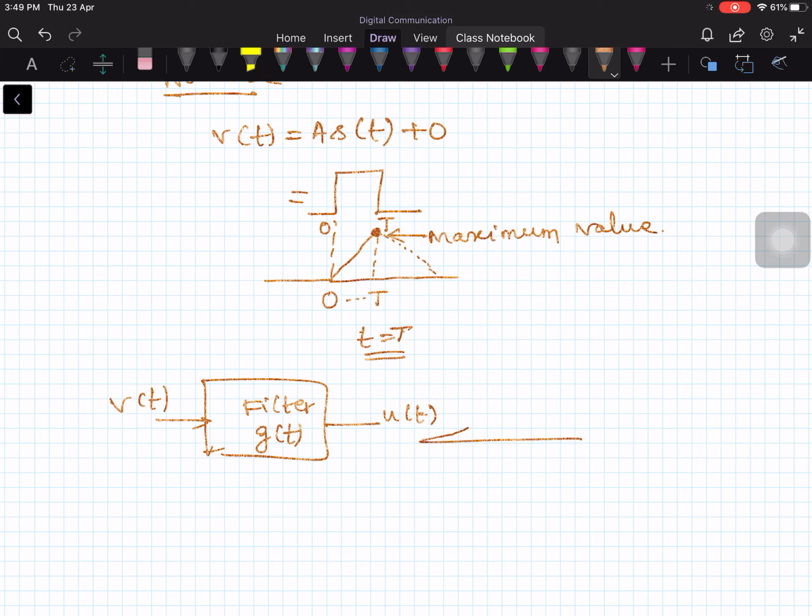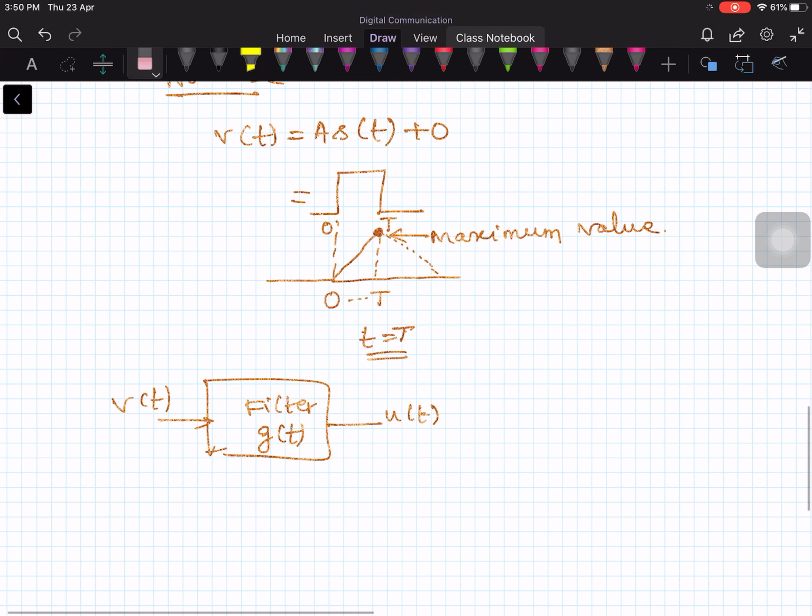It slowly increases and again comes down like this, and at t equal to capital T it reaches the maximum value. Okay, if it is a pure rectangular signal, then it slowly, linearly increases, and again slowly decreases like this.